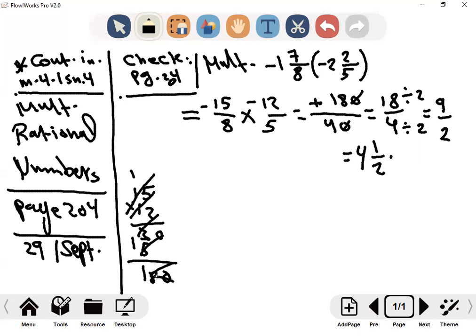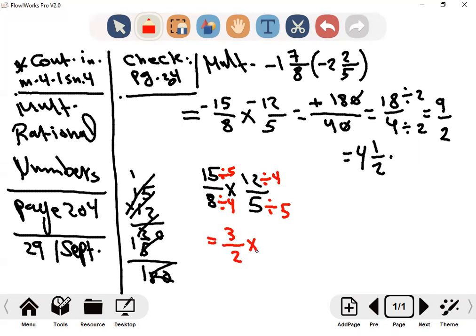Or from here, 15 over 8 multiplied by 12 over 5. 5 divided by 5 and 15 divided by 5. Right? 8 divided by 4, 12 divided by 4. This will be up 3, down 2, and here 3, 1.